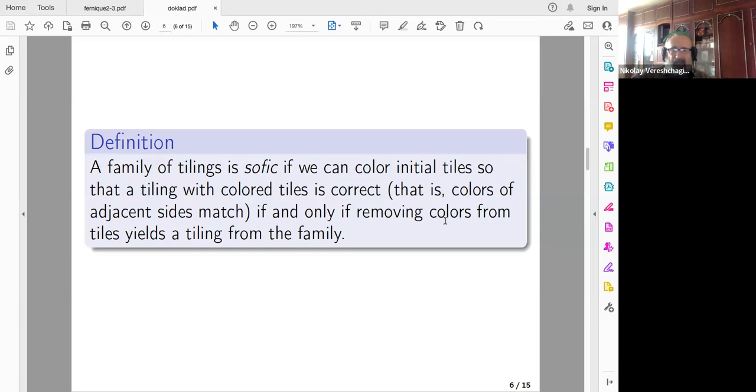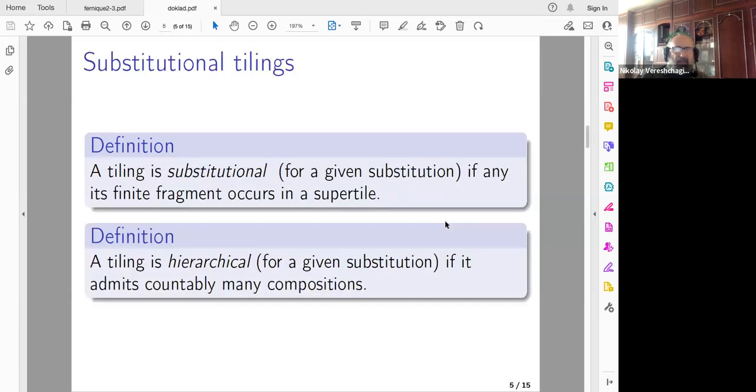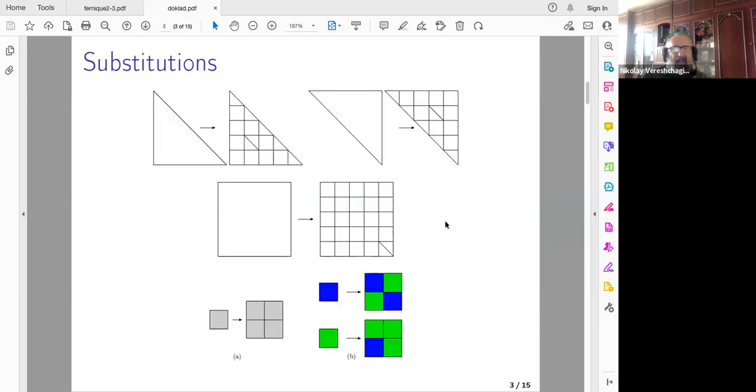The first such family was defined using this gray substitution. This was done by Robinson and later refined by Durand, Shen, Levin.